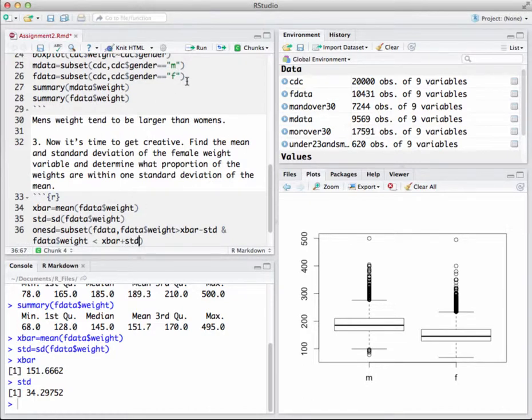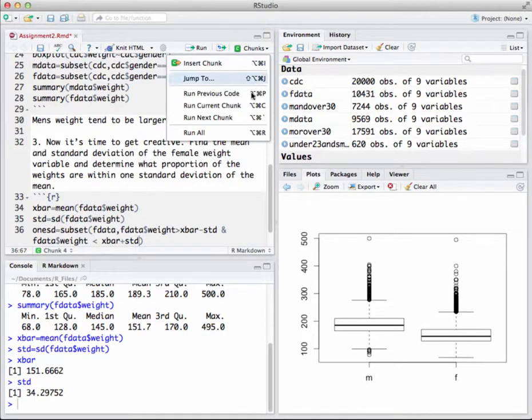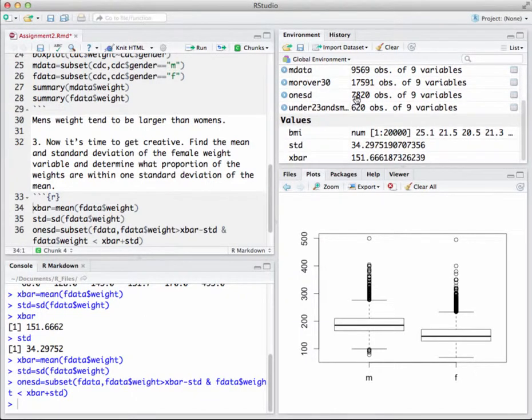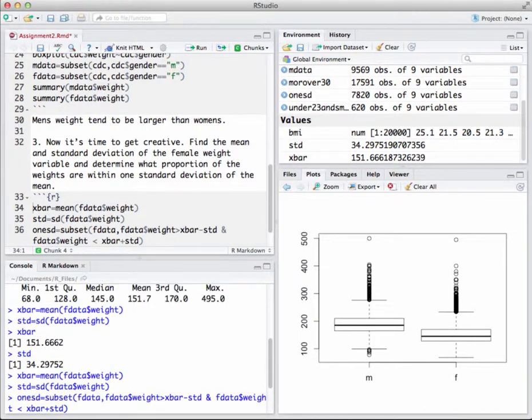All right, let's go execute this R chunk just to see what happens at this point. Okay, so we'll run current chunk, and notice we get a new variable called 1SD. Let's see, where'd you go? Should be up here. BMI. There we are. There's 1SD, and what we see is that there's 7,820 observations on our 9 variables.